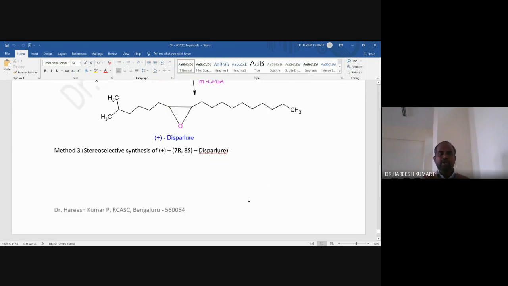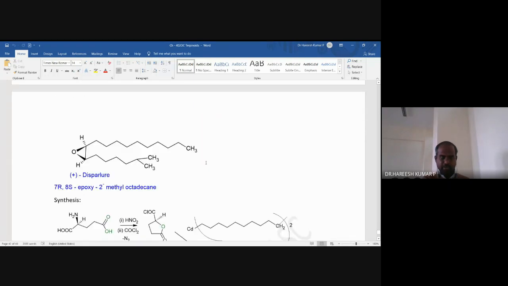So next I am talking about the stereoselective synthesis or preparation of Disparlure. So first you should know what the stereochemistry of Disparlure is. The stereochemistry of Disparlure is this one.